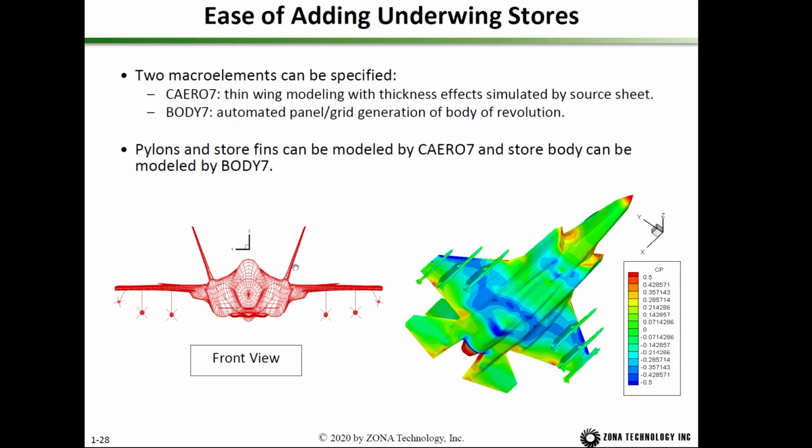And so if you want to add the underwing store to a ZONAIR model, you can use the thin wing to model the pylons. Then you can model the fins of the missile by the thin wing model. The thin wing model is called CL7.